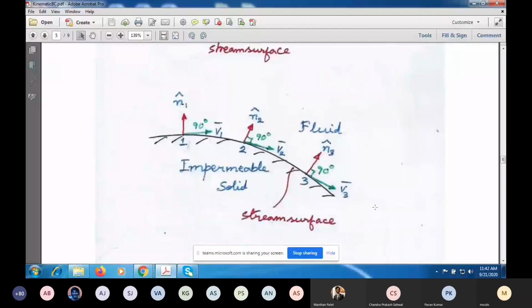Now I guess I put an arrow over here. So this hashed surface is an interface between the impermeable solid and the fluid. Since the normal component of the velocity is 0 and the velocity is tangent to the surface, this surface is what you will call a stream surface, which consists of streamlines.